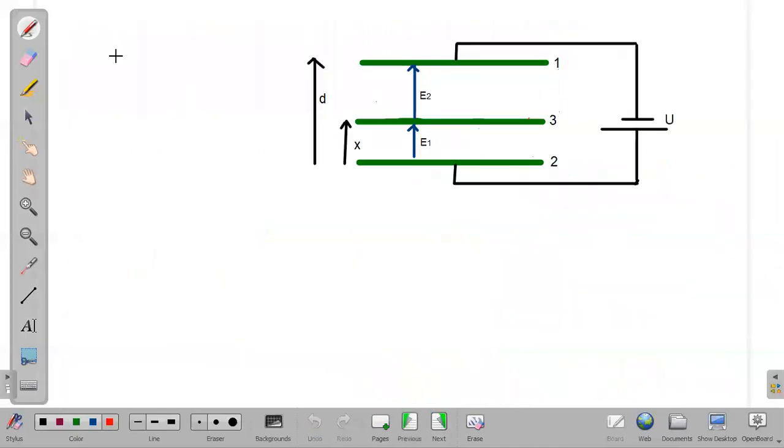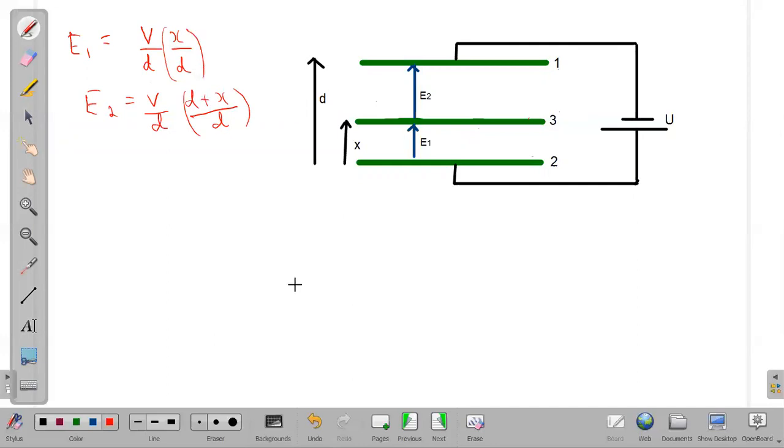Solving these two equations, you get E1 equal to V by D into X, and E2 equal to V by D into D plus X divided by D. So these are the values of E1 and E2.